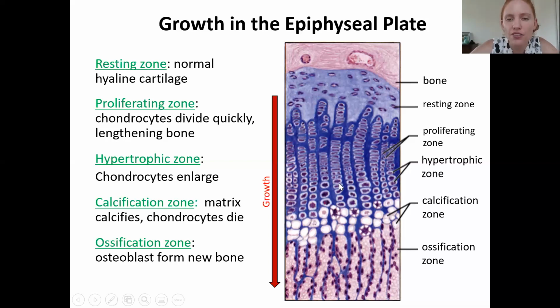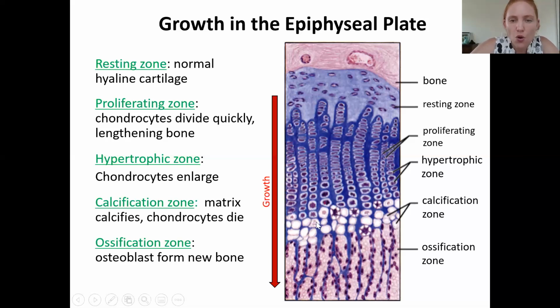And then the next part that happens is those chondrocytes change. They actually grow bigger. Those are going to be in what's called the hypertrophic zone. Trophic means growth and hyper means above, right? So grow more than. That's what's going to cause them to get really big. See how they're getting really big? And then once they get really big, they start making calcification. What it means is the matrix becomes calcified.